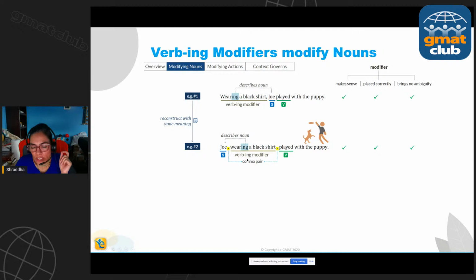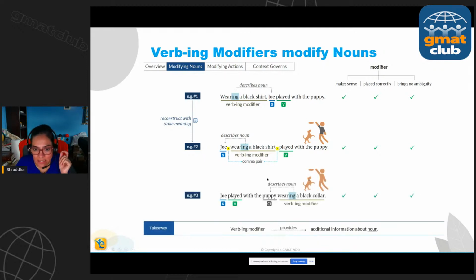Just a quick note over here. We can also write this sentence without these two commas in example 2. If we choose to remove the commas, then we must make sure that we are removing both the commas. We are removing the comma before wearing and we are removing the comma after shirt also.